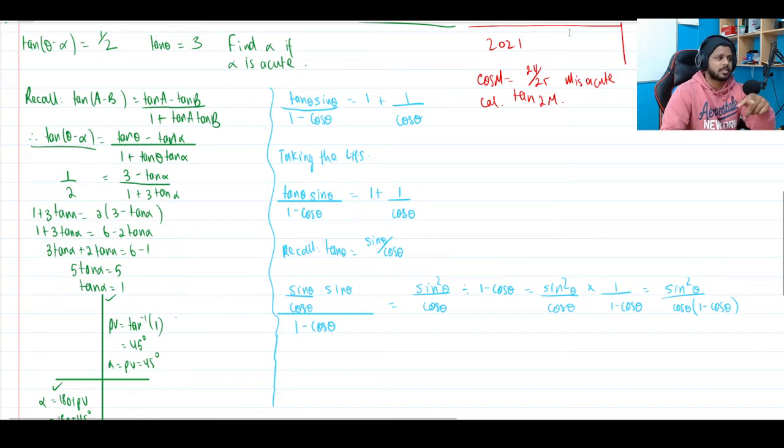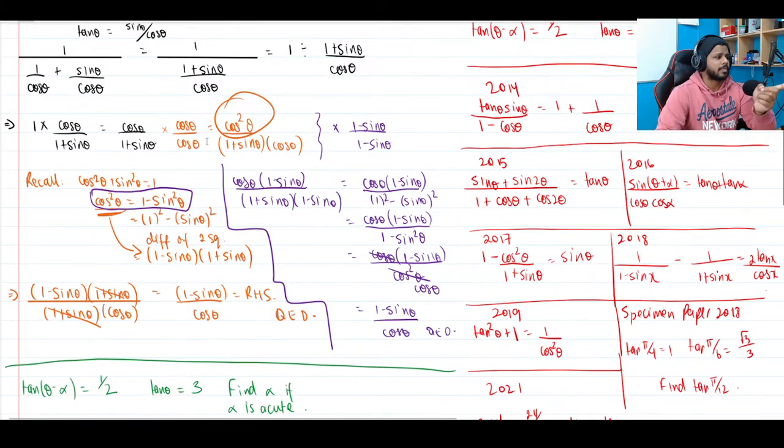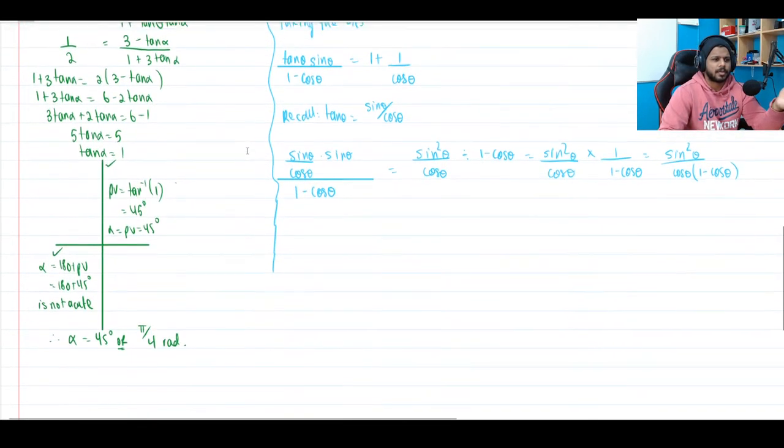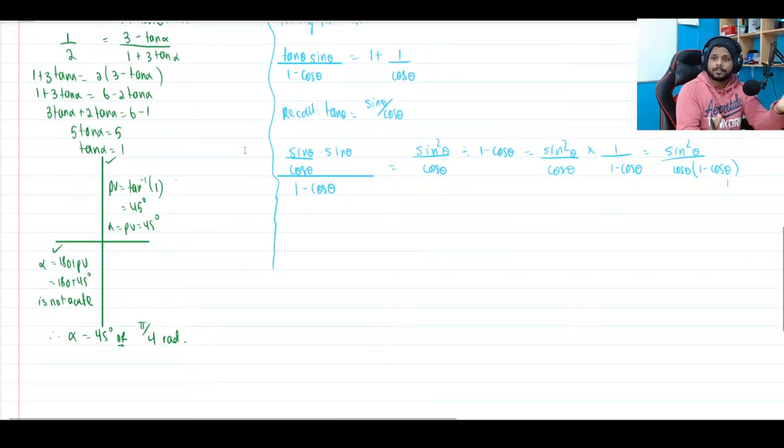This is a similar instance like the orange up here, when you had to rearrange and try and make a difference of 2 squares. Now, I'm not stuck. I have a recollection I can make for sine squared theta. So I'm not going to multiply by 1 as yet.